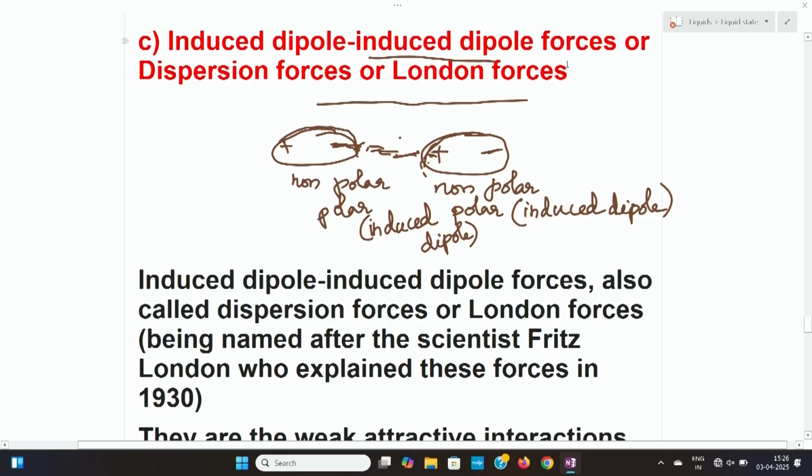Since these induced dipole forces were studied by the scientist Fritz London, they are called London forces. These induced dipole forces are weak attractive forces compared to the dipole forces and dipole-induced dipole forces.